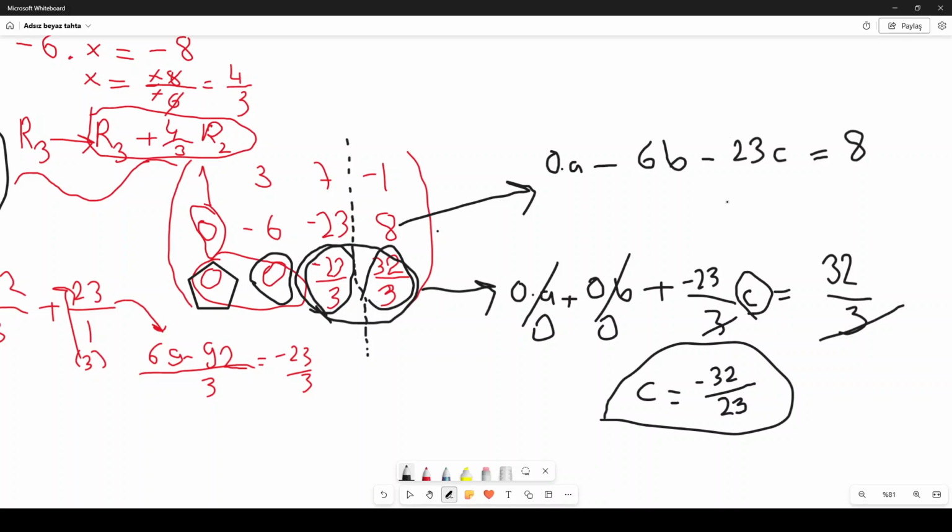So I know the value of C. I plug it here. This is already 0, I know that.